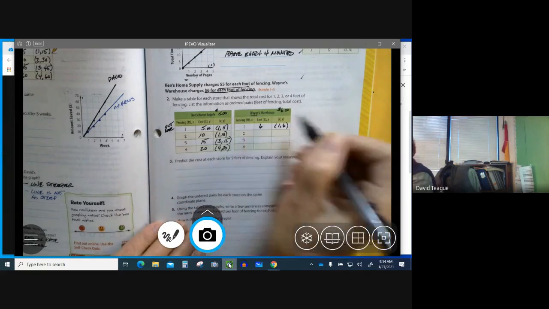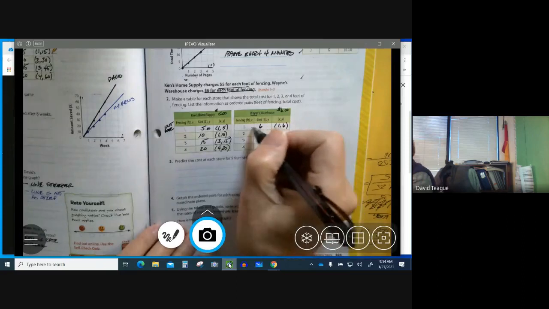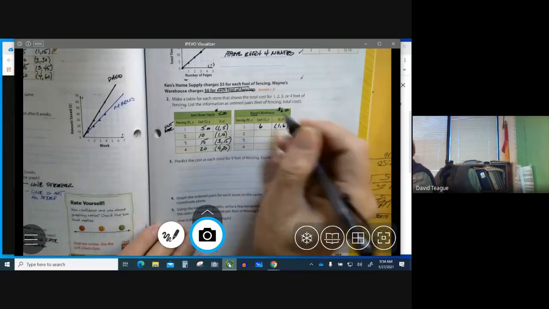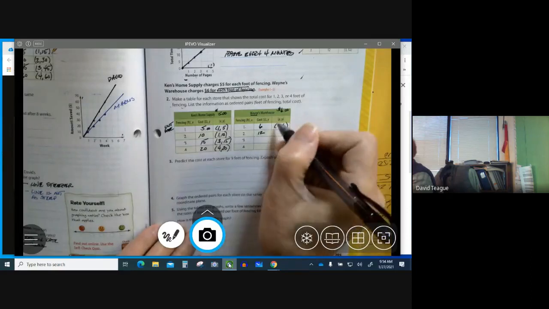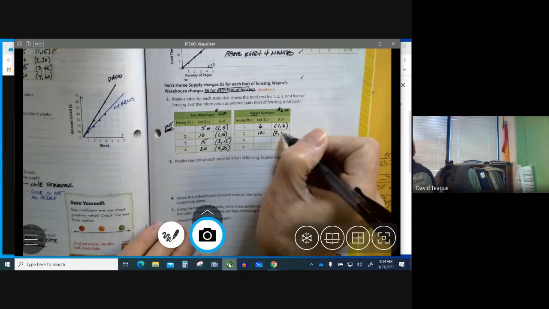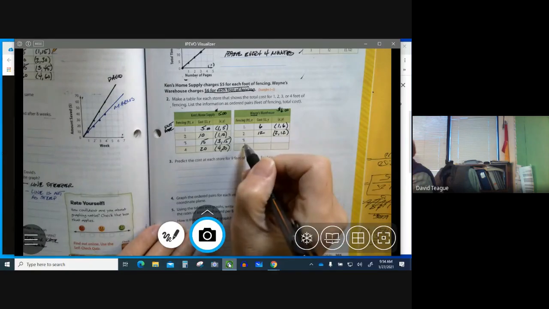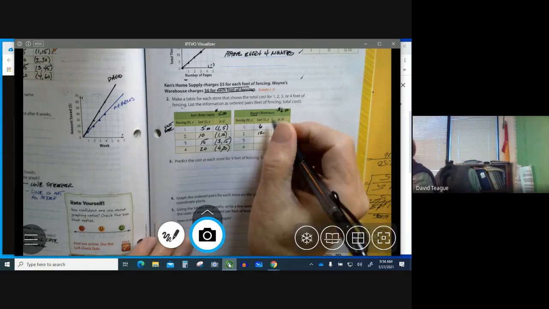Okay, now we're going to do Wayne's. So this is our unit rate. 1 foot costs $6. So 2 times 6 is 12. And our ordered pair is (2, 12). Then we have 3 feet. So 3 times 6 is 18.